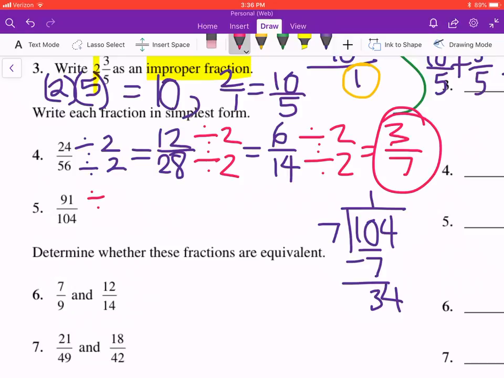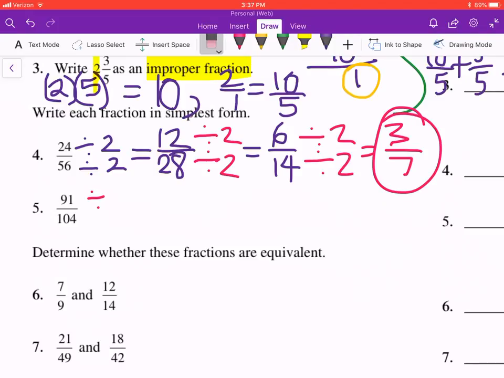So I hope you're trying to solve this problem. Okay, so let's try a weird number. 7 didn't work. 8 is not going to work because 8 times 9 is 81. 9 is not going to work because 91 cannot be divided by 9. 10 is not going to work. 11 is not going to work either.